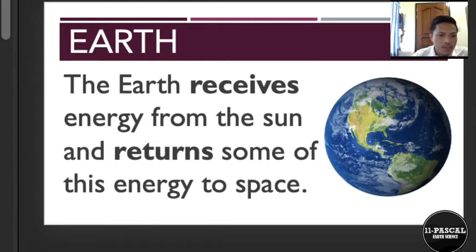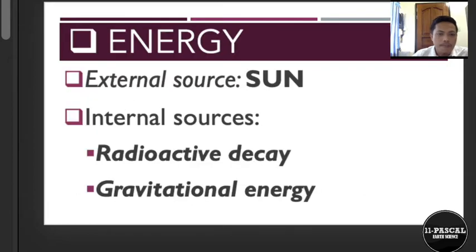Let's proceed. There are 2 types of energy source that we have here on Earth. We have the external source, which is the sun, and then we have the internal sources, which are radioactive decay and gravitational energy.